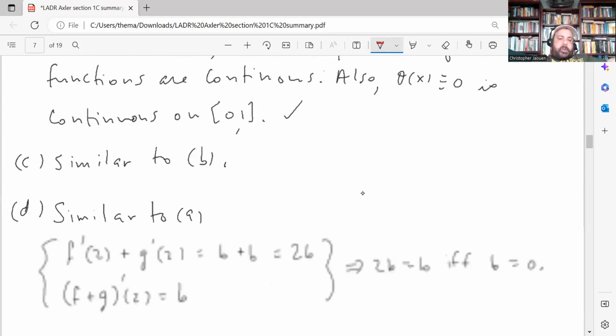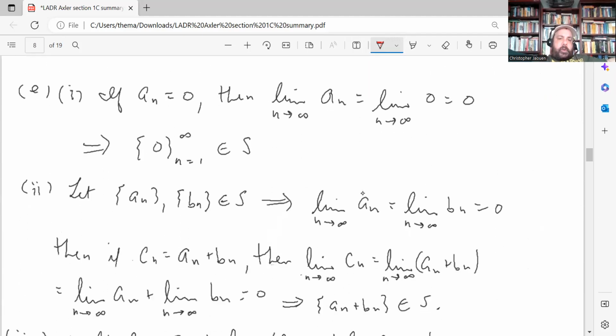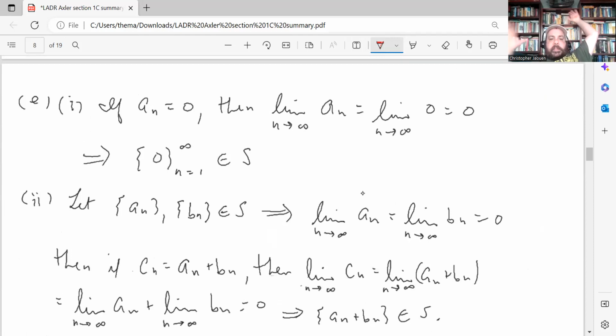All right, so going down here to part E, I'm just showing that it satisfies the three conditions. The infinite sequence of complex numbers where all the entries are 0 obviously has limit 0, so that's in the set. And if the sequences a_n and b_n are in the set, then their limits go to zero as n goes to infinity.